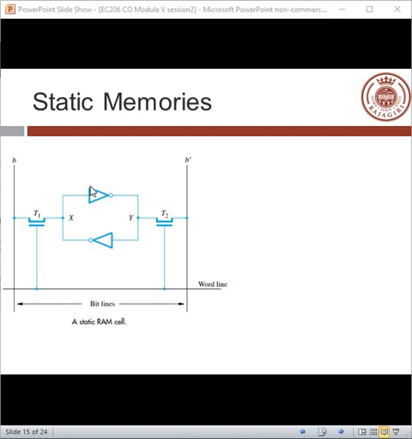We have two inverters connected back to back, and two transistors T1 and T2. These T1 and T2 are NMOS, and the gates of these NMOS are connected to a word line, and B and B dash are the bit and bit complement lines.